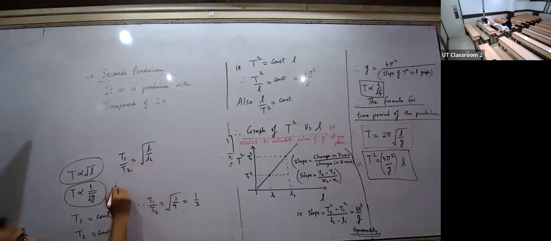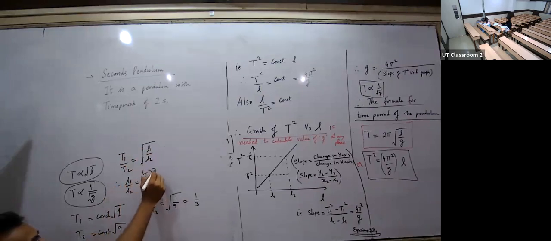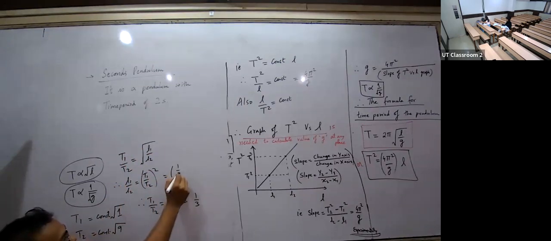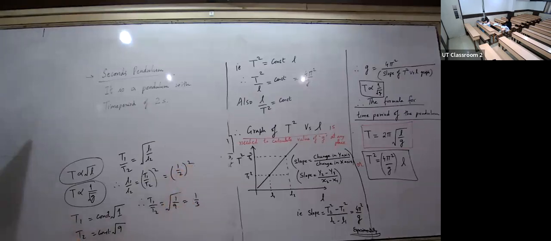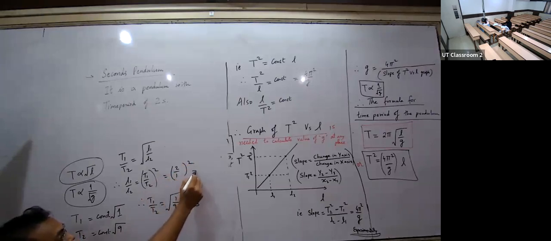Square both sides, so you will get L1 upon L2 is equal to T1 upon T2 whole square. Substitute the value of time period, so this is equal to 2/1 whole square. 4:1.